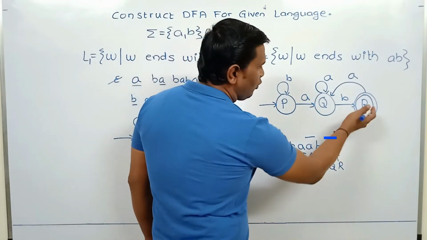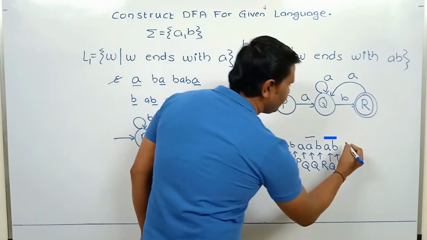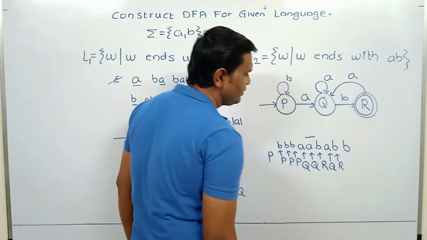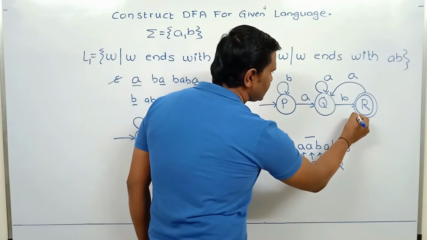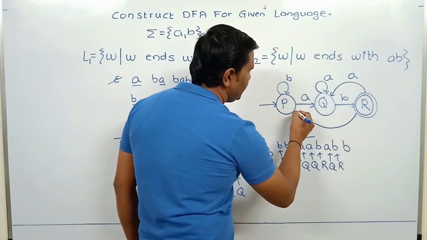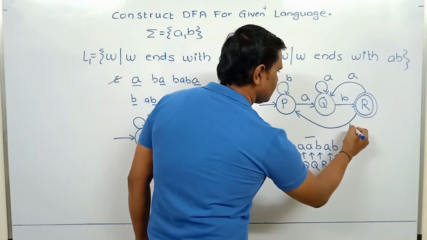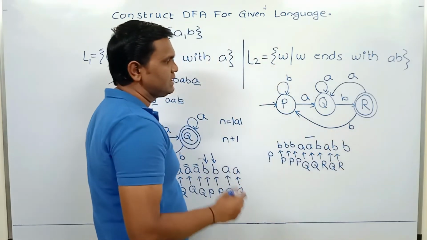Now while in R, what if B comes? While in R, if B comes, we have to come back to state P. Now what is the reason?